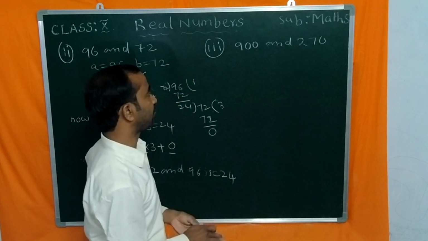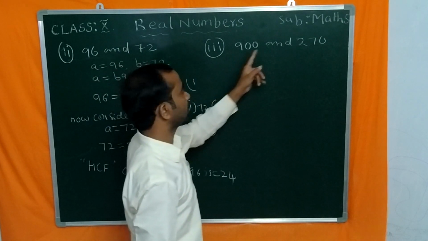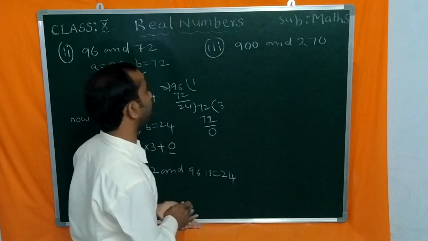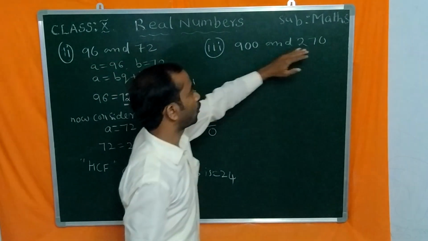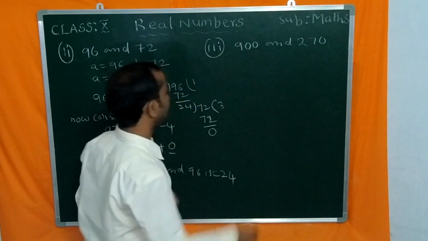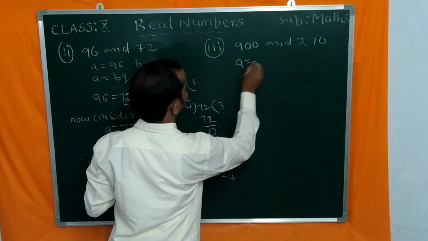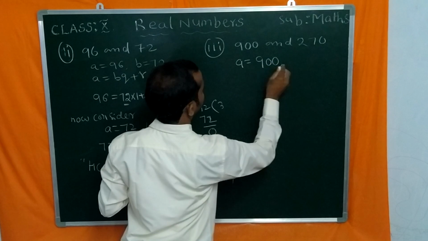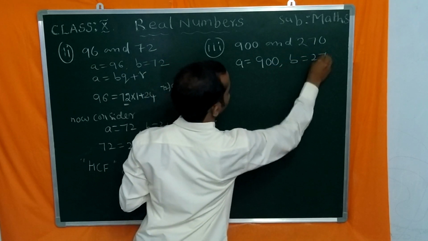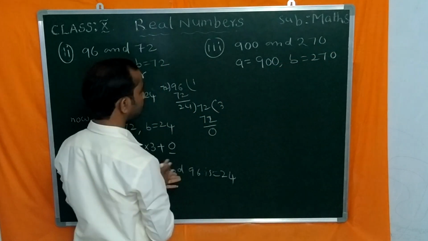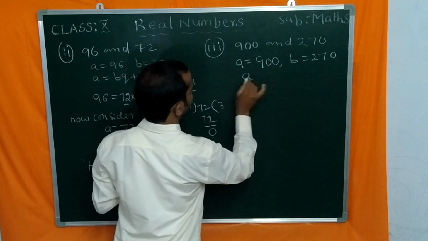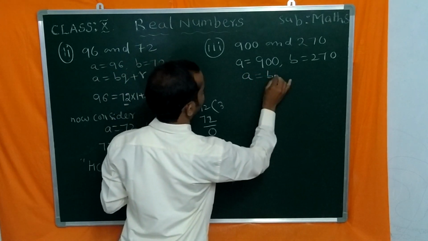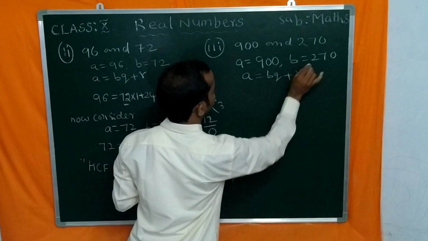Okay, and in the same way, next third problem. Find the HCF of 900 and 270. Here the given number 900 is the biggest number, 270 is the smallest number. a equals 900 and b equals 270. We use the Euclid division algorithm theorem.